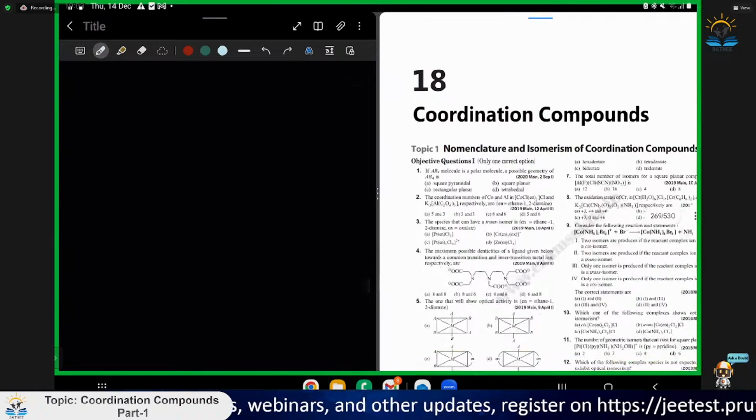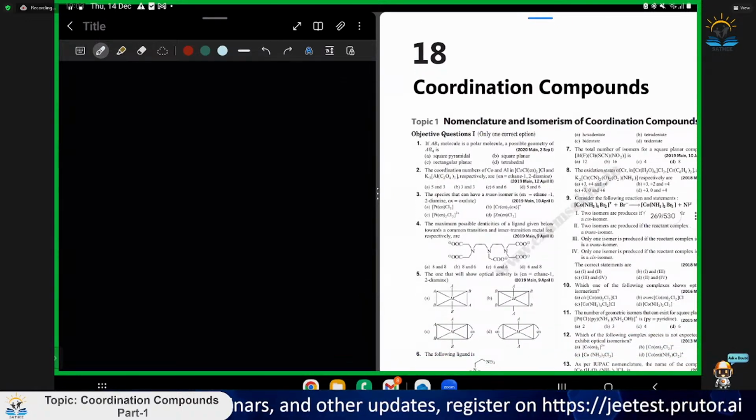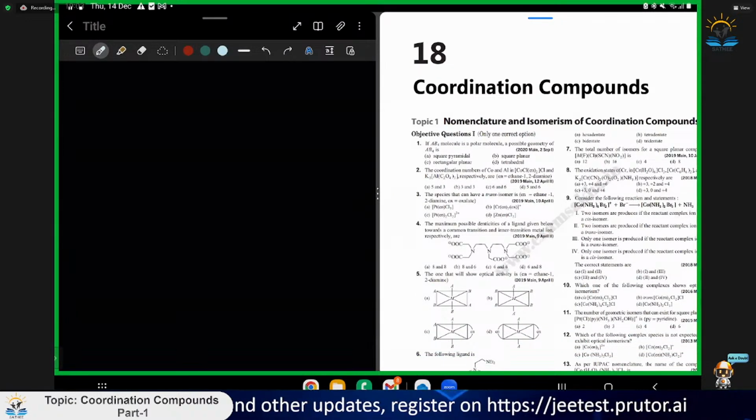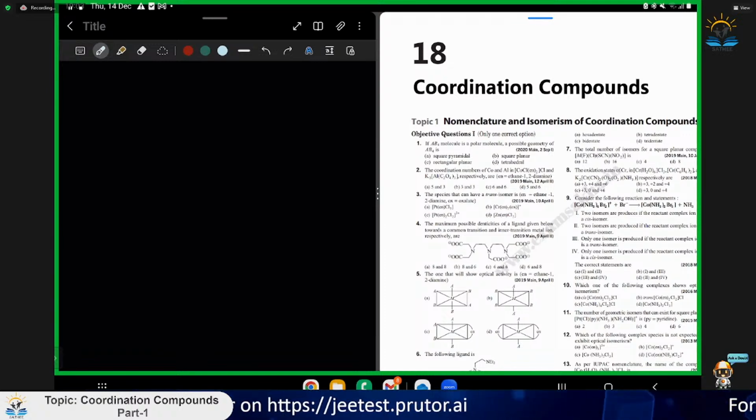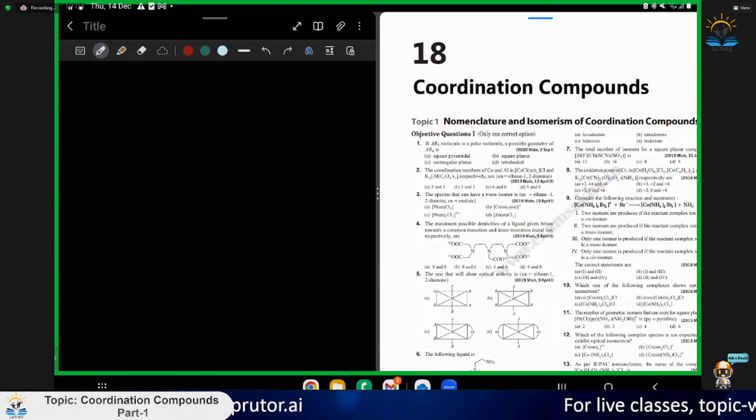The maximum possible denticities of a ligand given below to a common transition or inner transition metal respectively are. Interesting. Your nitrogens can donate one each. This question has a lot of theory. I don't remember.